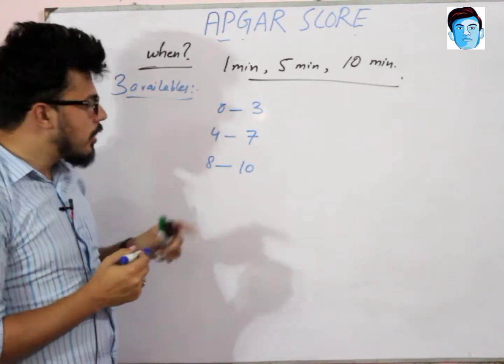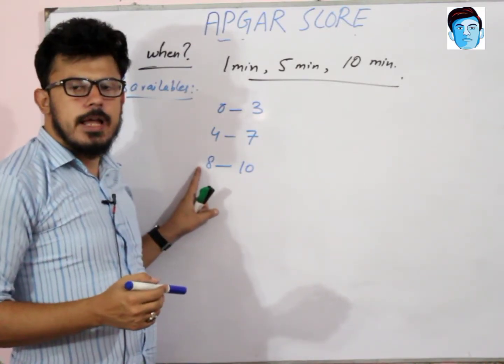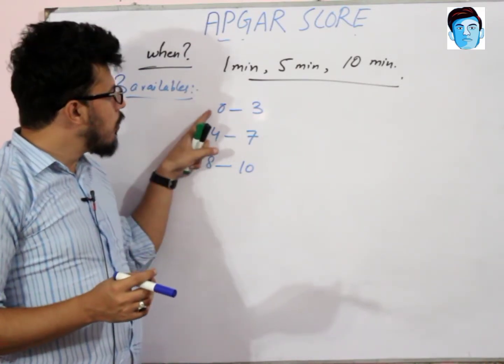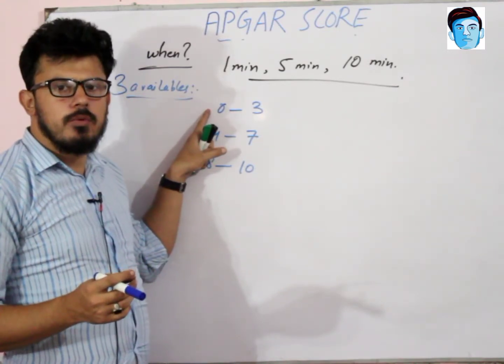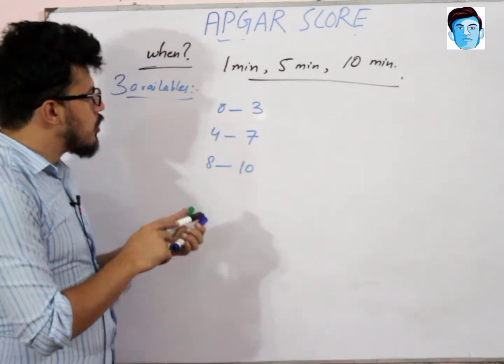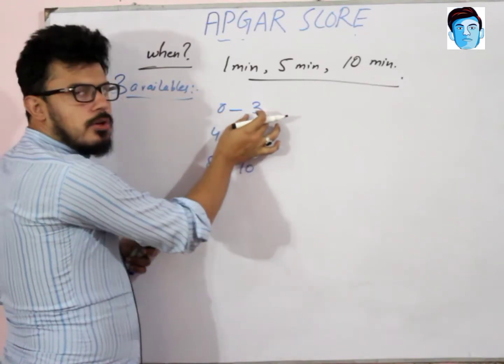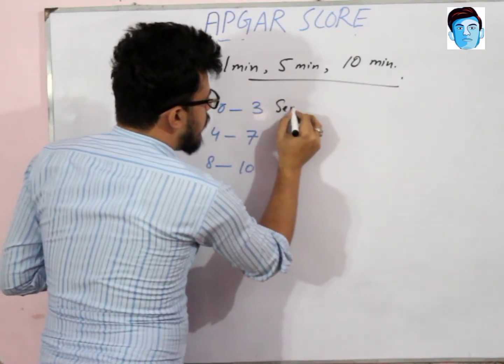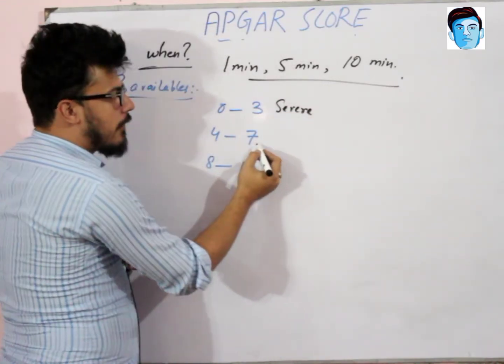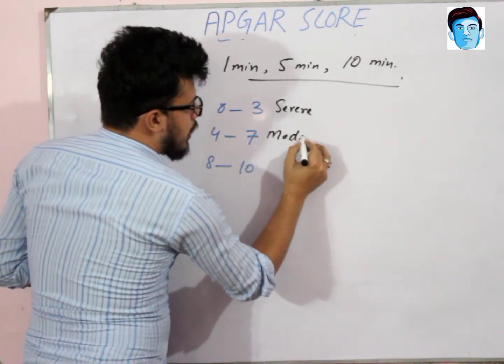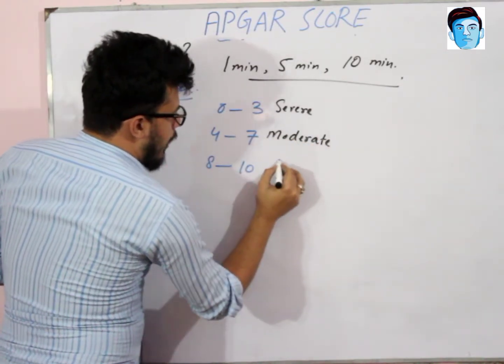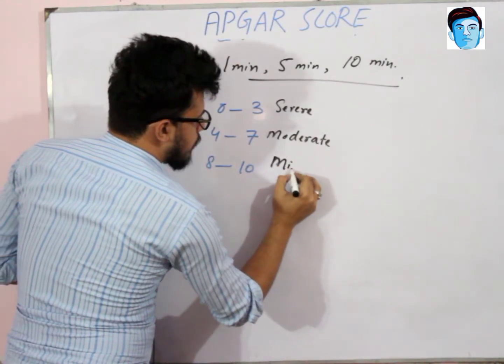So the higher number of APGAR scoring will show us a mild condition, while the very low numbering of APGAR scoring will show us a severe condition. So if APGAR scoring is in range of 0 to 3, it will show us a severe condition. If it is in range of 4 to 7, it will show us a moderate condition. If it is in range of 8 to 10, it will show us a mild condition.